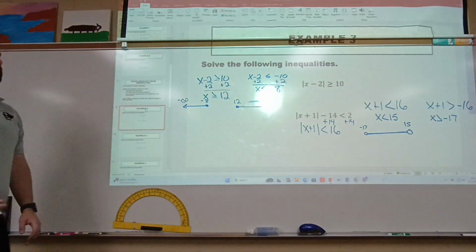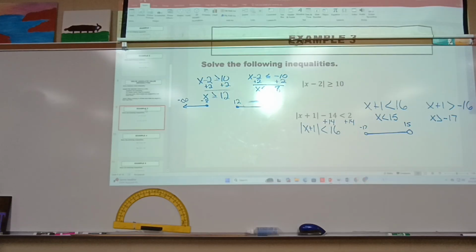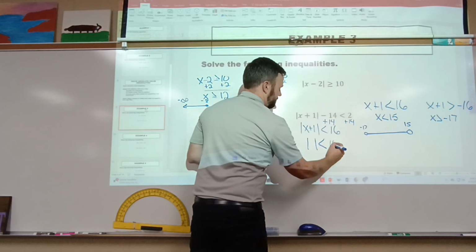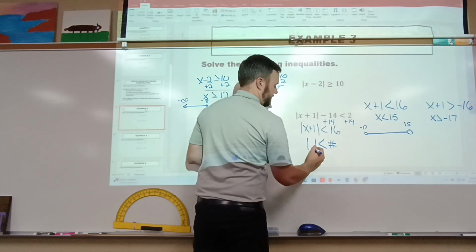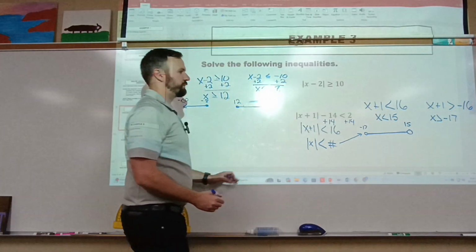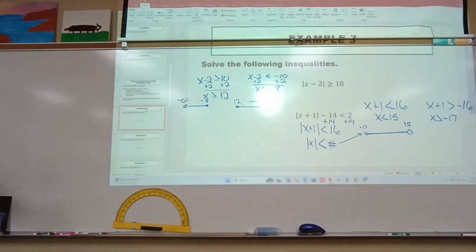If you are a person who doesn't want to graph each time and think about it, there is a set rule that works all the time. If the absolute value of x is less than a number, it's always going to be like the barbell, just the one straight across.